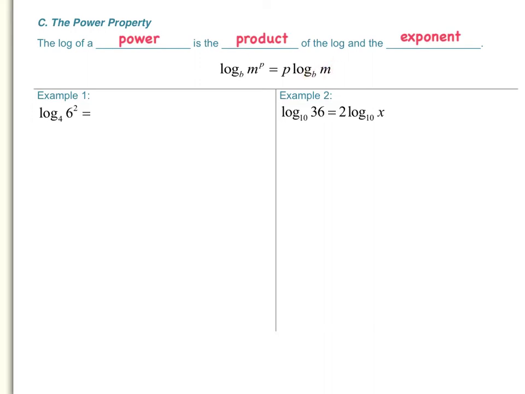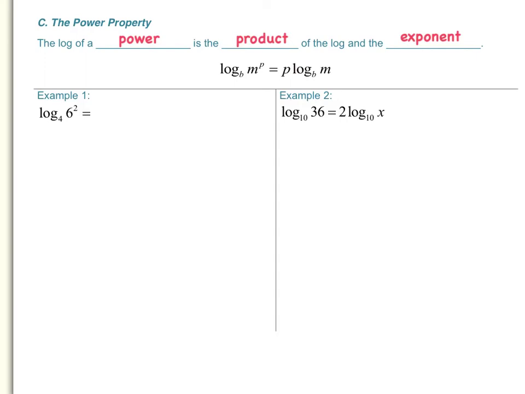That's what product is. You're multiplying two things. So we're saying the exponent times the log. Now they don't put a parentheses like we might normally see, but it means the same thing. This is the exponent times the log.